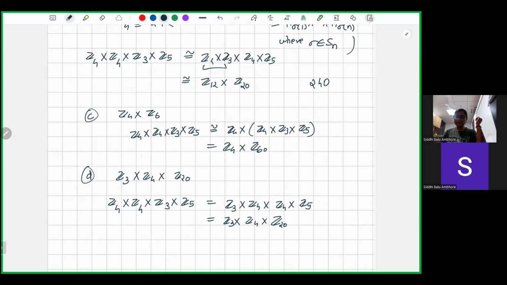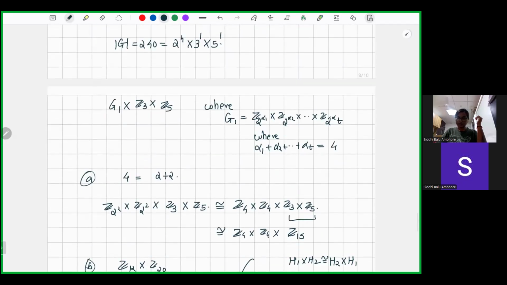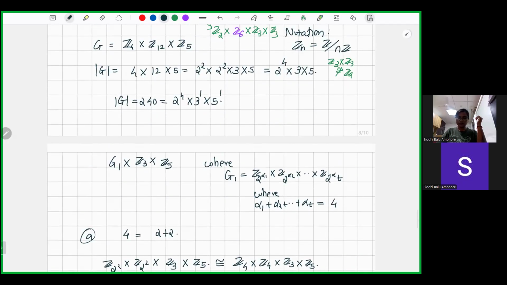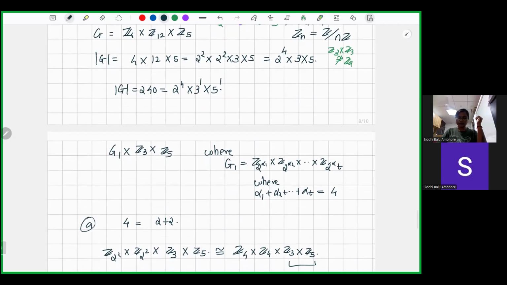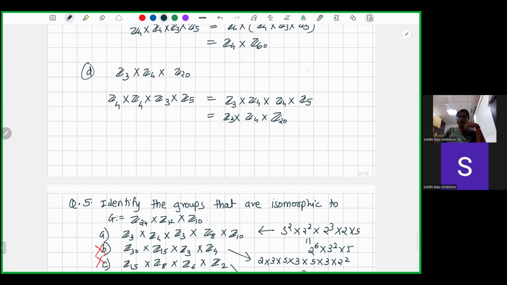And if I take this group Z2 cross Z2, its power is 2 power 4, 3 and 5.